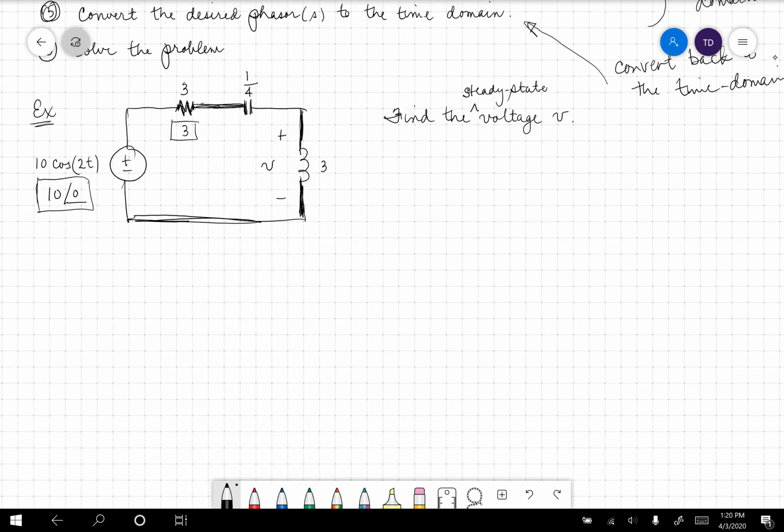That's wicked easy. Scratch pad over here. I have minus J over omega C. That's my formula. What's omega equal to? Value of omega?